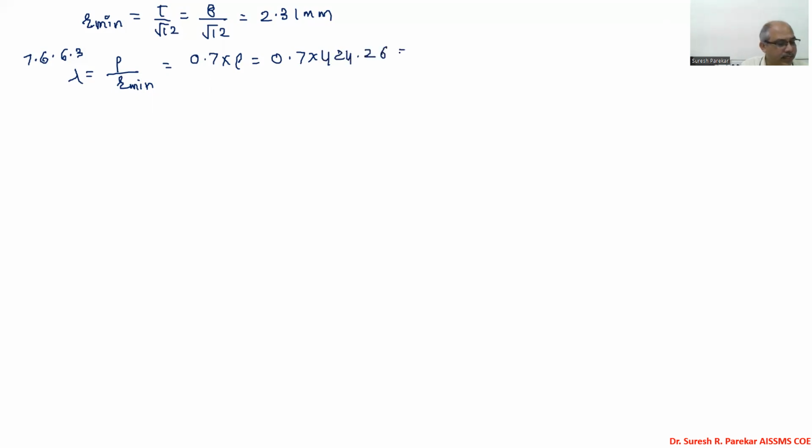Then we will get this value, 128.56 millimeters. Sorry, this is only L we are mentioning, so I can write r minimum below it, which is 2.31. This is also 2.31, and then we have this value 128.56.